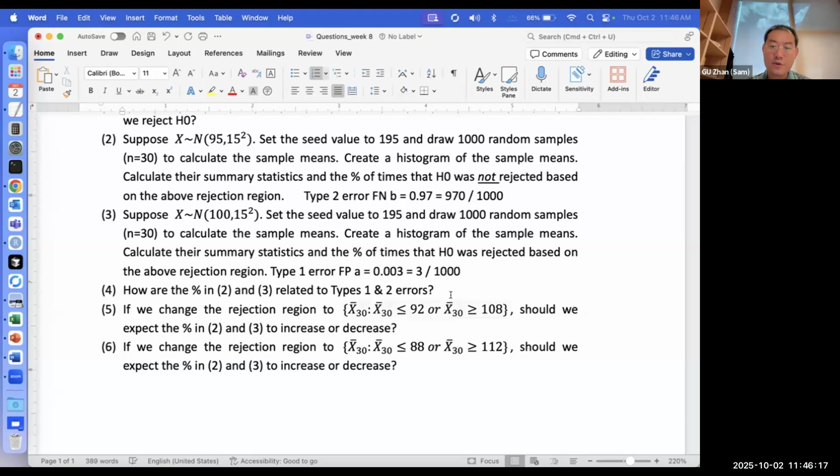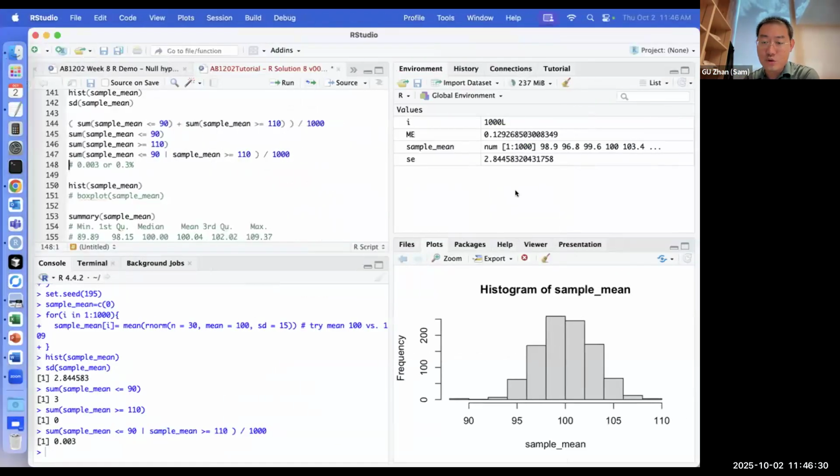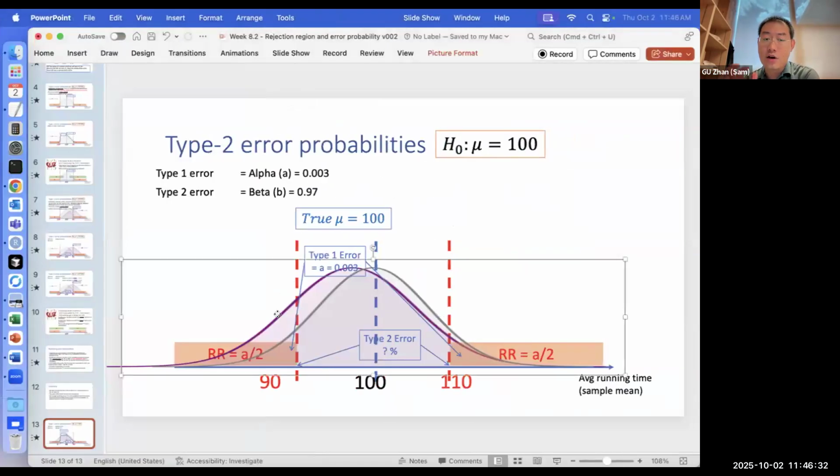Then question 4 is asking how the percentages in 2 and 3 are related to type 1 and type 2 error. We have just explained, right? So 2.2 is your type 2 error. 2.2 is your purple curve.